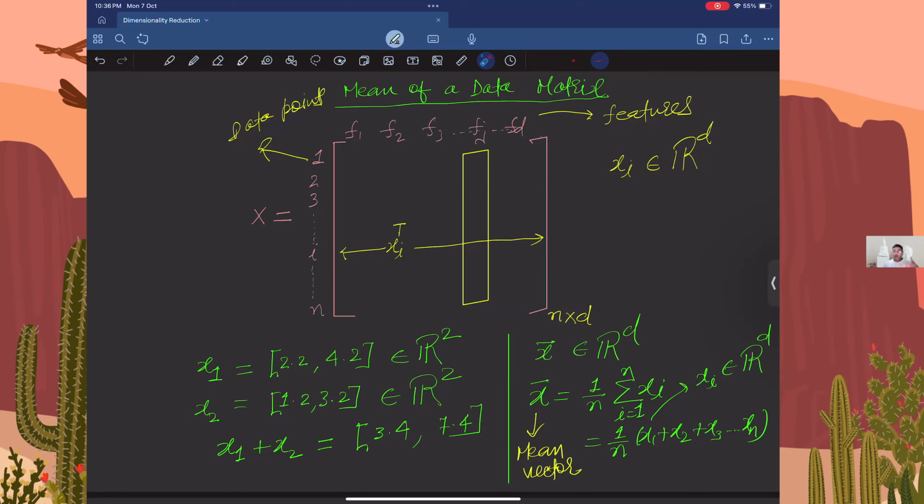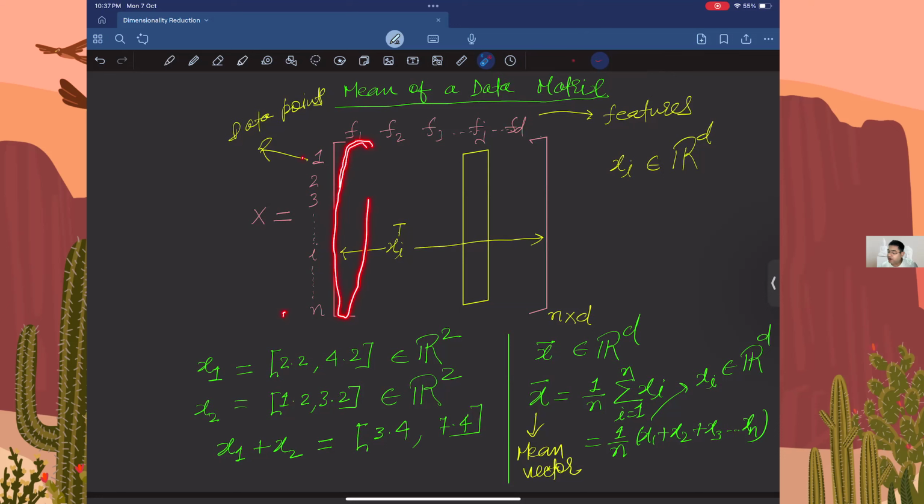That is, let's say this is my x1. This x1 has these remaining columns, f1, f2, f3 till fd. So this is my x2. This is my x3. If I'm doing a component-wise sum, I will sum all the components of x1 till xn.